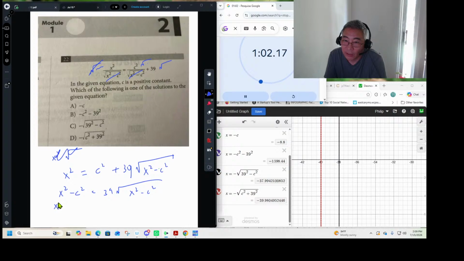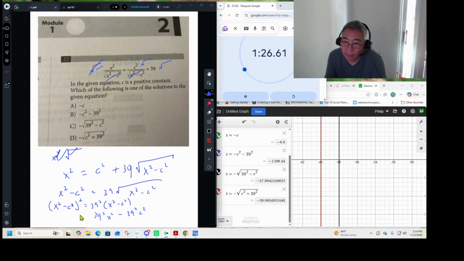So now I'm going to have x squared minus c squared, squared, equals 39 squared times x squared minus c squared. Now I'm going to distribute the 39 squared. 39 squared x squared minus 39 squared c squared.